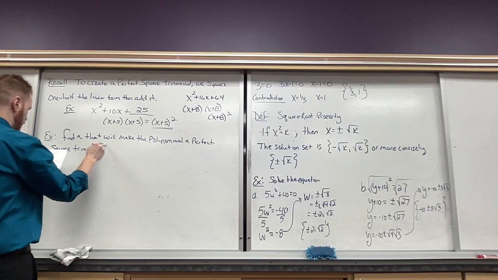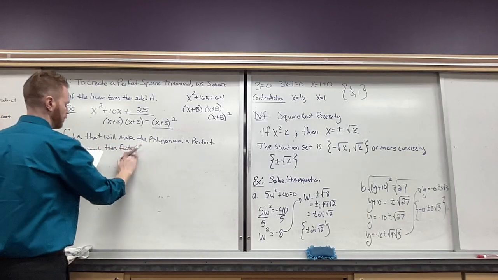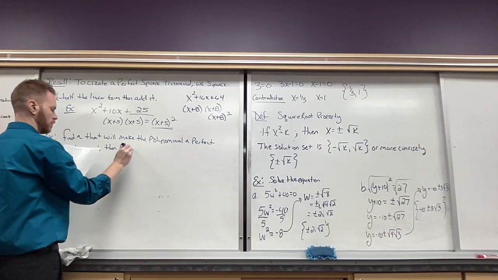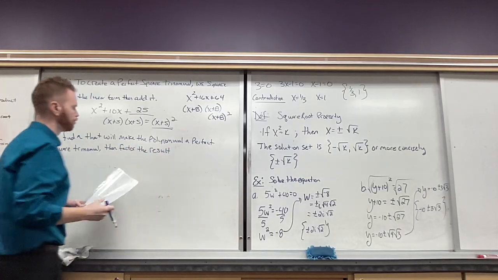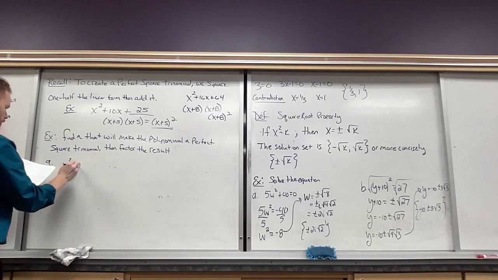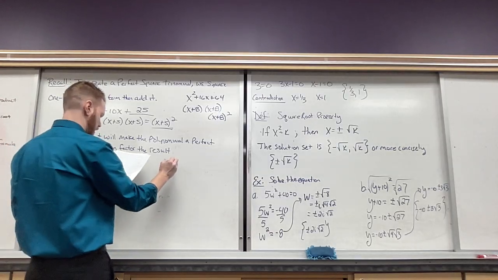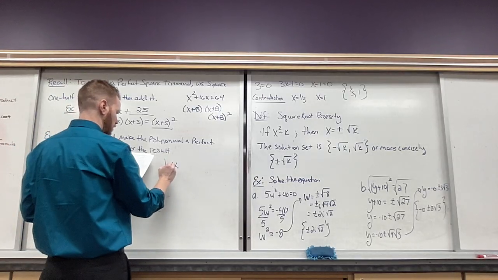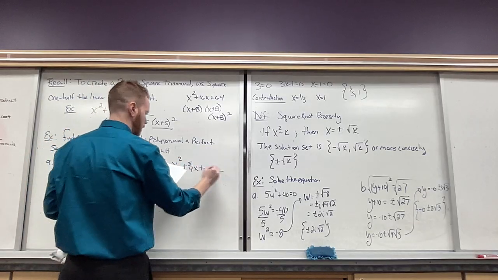Then factor the result, just like what I did up there. Okay, I got two examples. So for A, we have x squared plus 7x. For part B, I have x squared plus 5 over 4x.